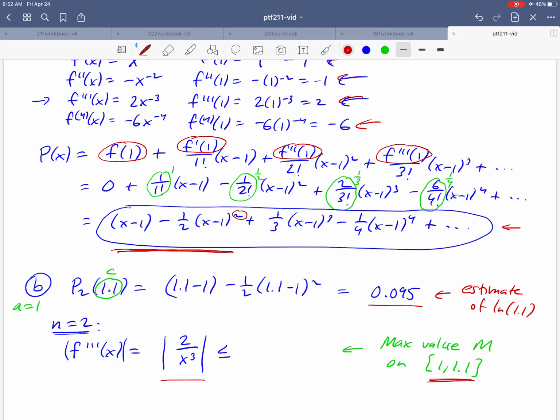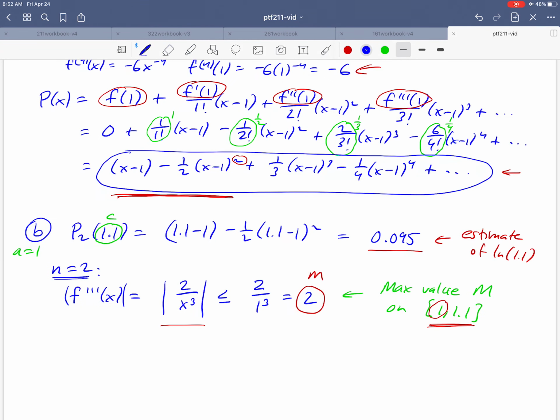If you think about numbers between 1 and 1.1, the smaller the number you plug in, the bigger the fraction, and so that left-hand endpoint is going to give us the biggest value. So in a nutshell, this is going to be largest if we plug 1 in, and that 2 over 1 cubed is the value of M that we're going to use in the error formula.